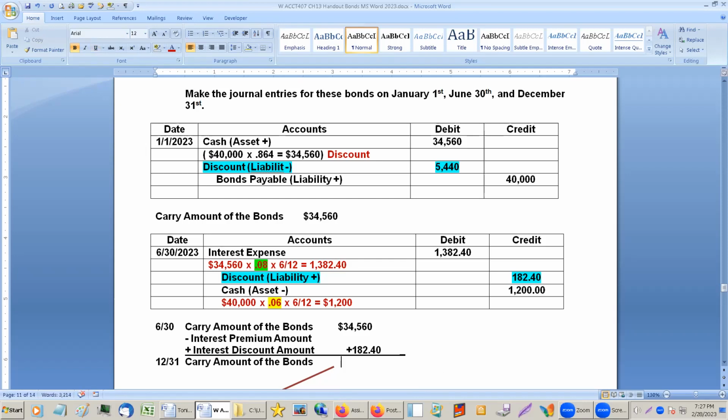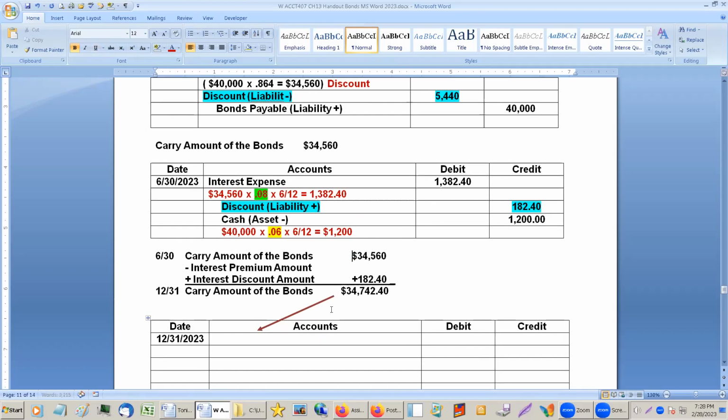All right. $34,742.4. My spacing isn't what it should be.